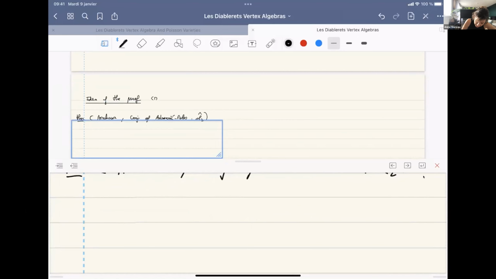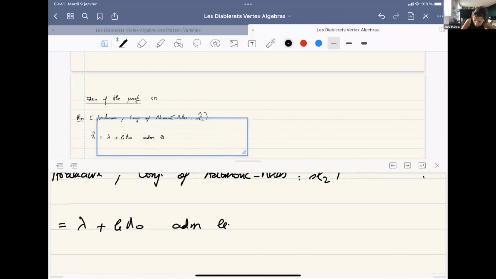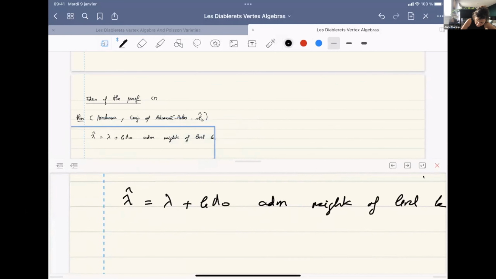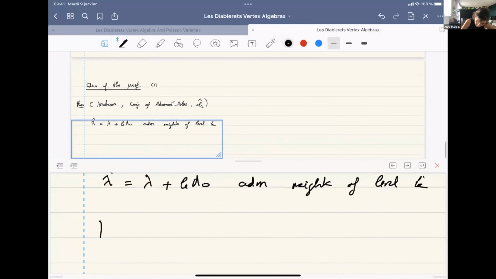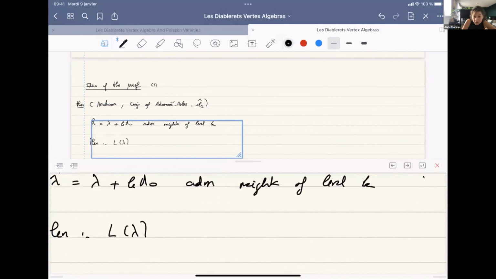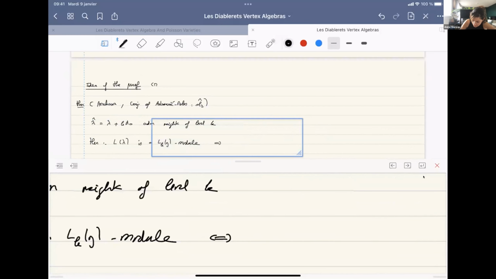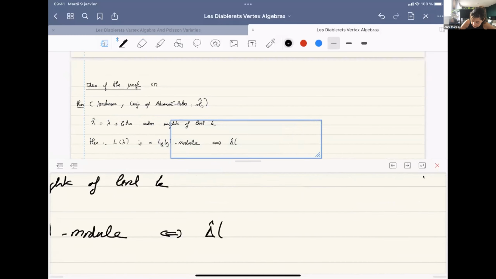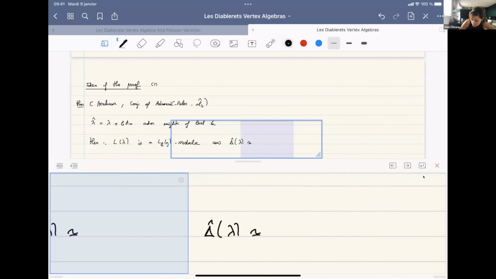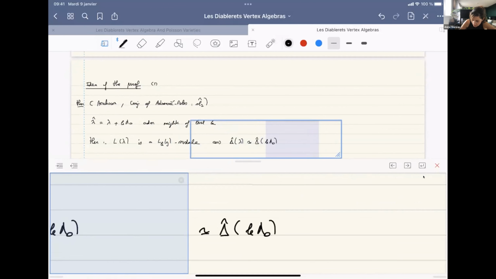I consider an admissible weight lambda of level K. So this is an admissible weight of level K. And then the statement says that L lambda, the highest weight representation associated with lambda, is an LKG module if and only if the integral root system associated with lambda is isomorphic to that associated with K lambda 0.